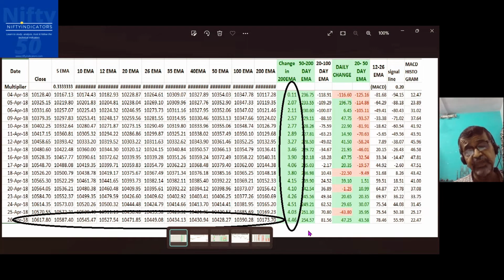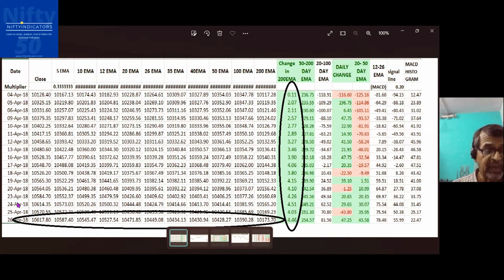For example, this is an EMA chart that I update every day. This is from 4th of April 2018 to 26th of April 2018. See how beautifully the market is going up from 10,128 to 10,617.